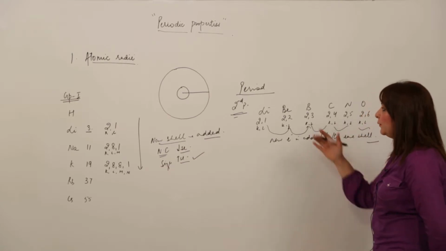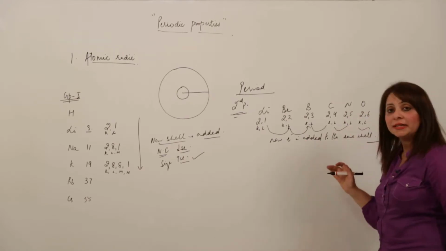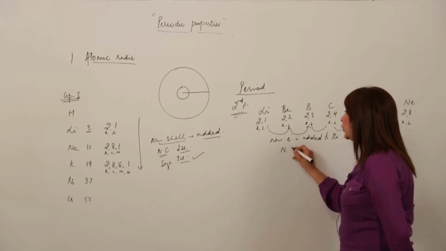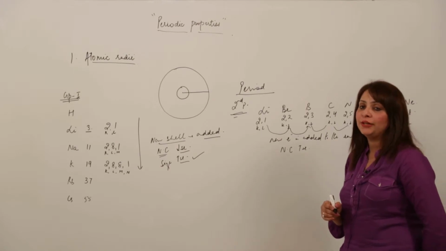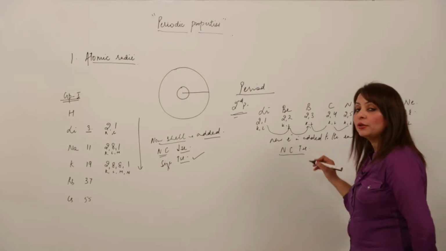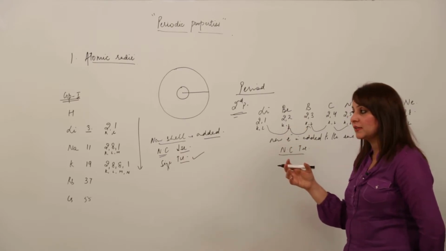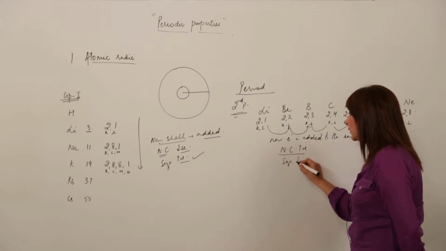Then what happens when a new electron is added? That means the nuclear charge, the attraction which they experience from the nucleus, increases, and whenever the attraction increases, the outer shell will contract. So that means the size decreases.